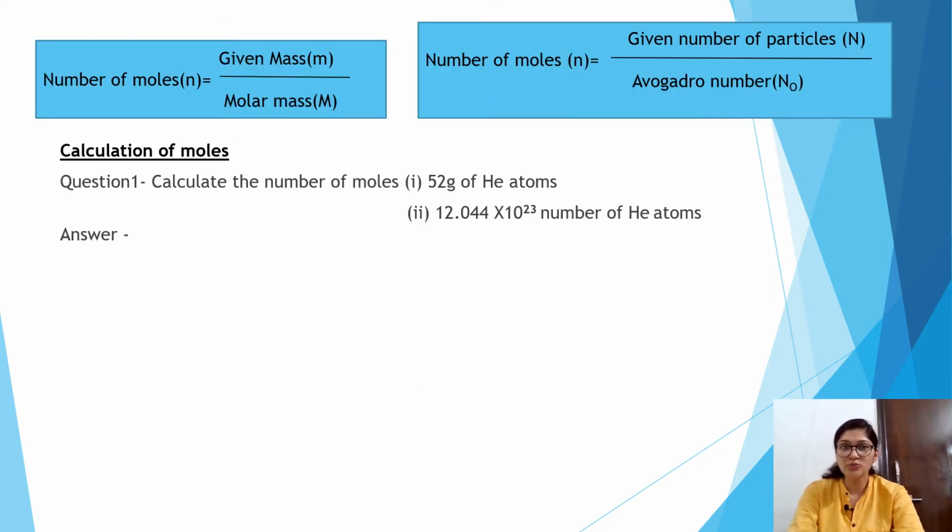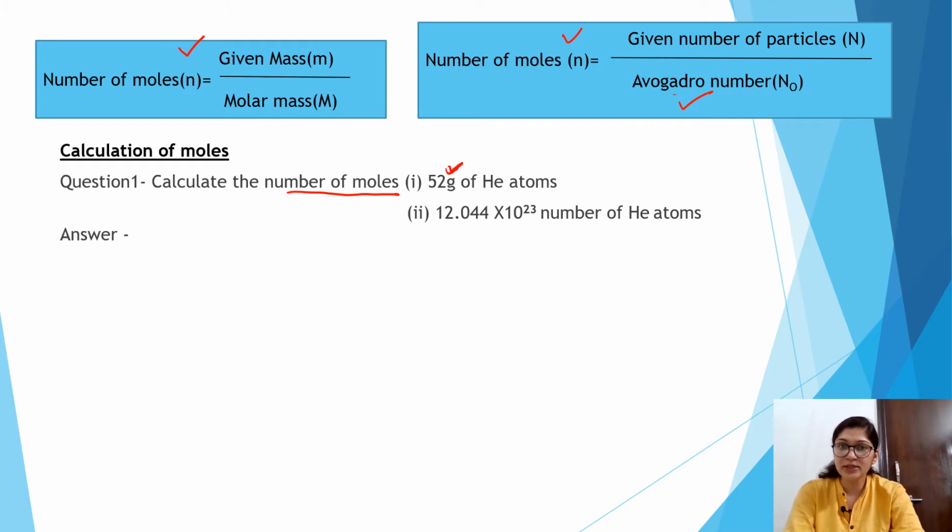The first most important formula, how we can calculate the number of moles: given mass upon molar mass. Second formula, how we can calculate the number of moles: given number of particles upon Avogadro number, right? So here the first question is to calculate the number of moles.